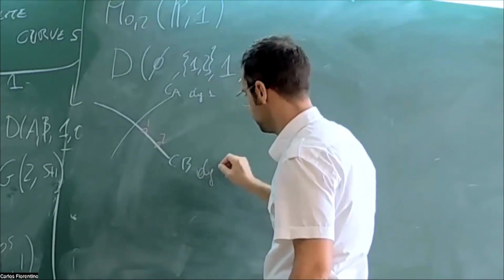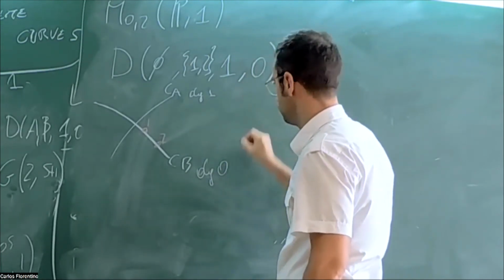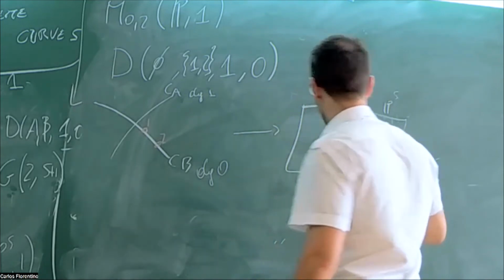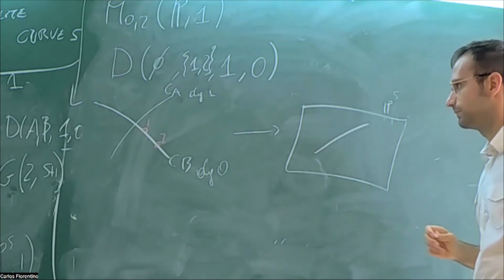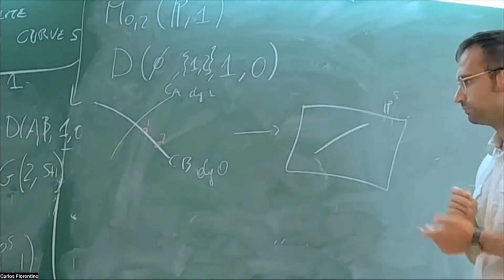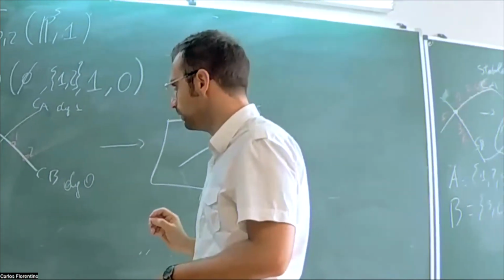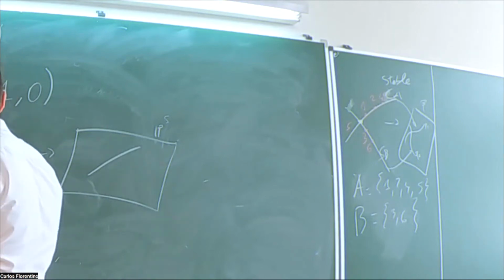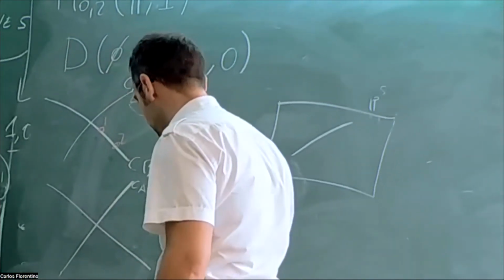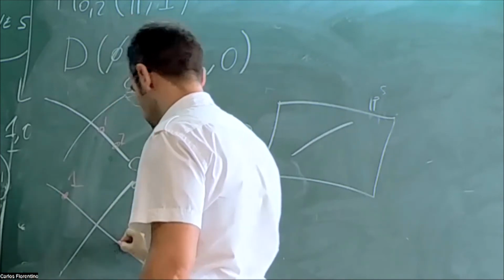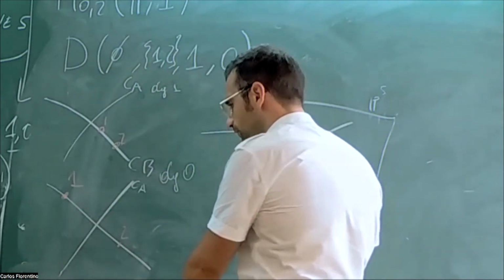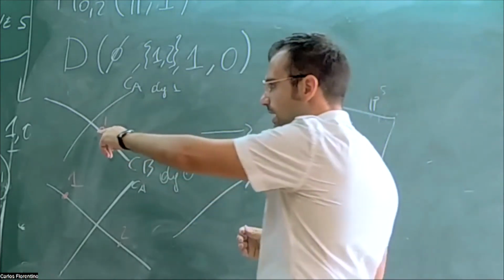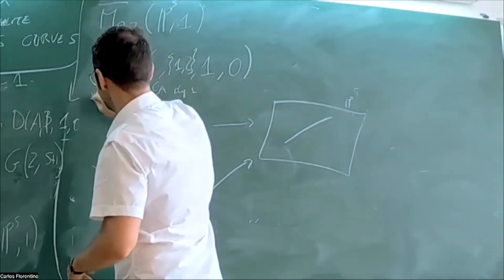So no marks on CA, all marks 1 and 2 in C beta, and this is of degree 0. The image is a line, that is the image of C. Just a comment: it doesn't matter where I put these maps. If they have the same image, this is not different, because here I have P1.